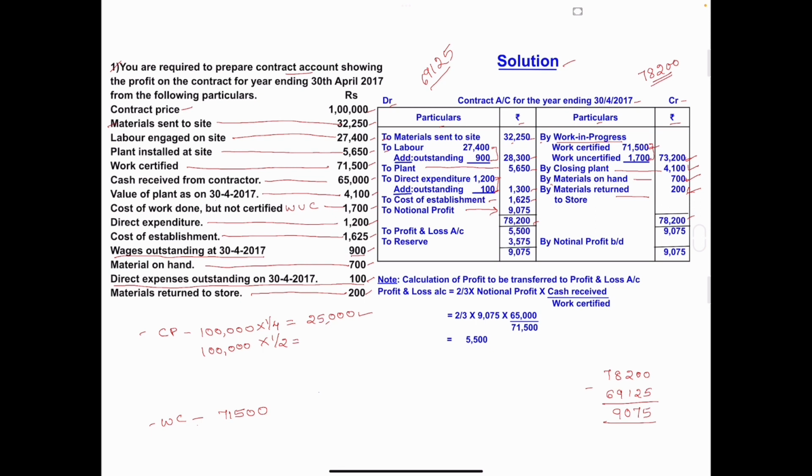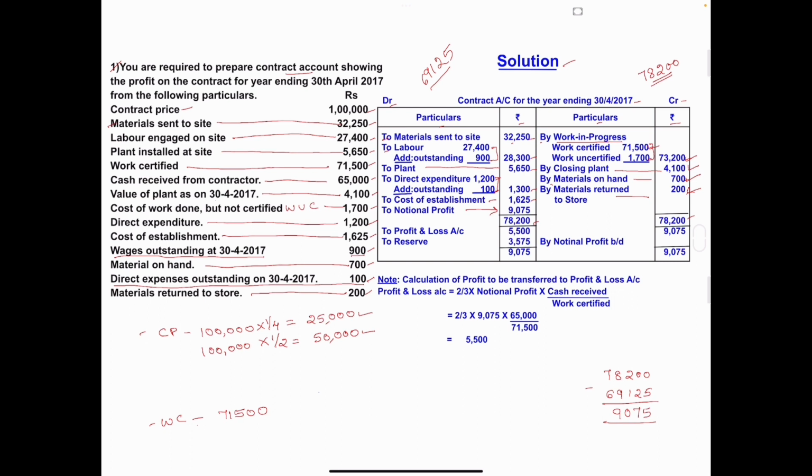So half the contract price is 50,000 and work certified amount is 71,500. So the second condition is also not applied because the work certified amount is more than half. The second condition says that the work certified amount should be more than one-fourth but less than half.